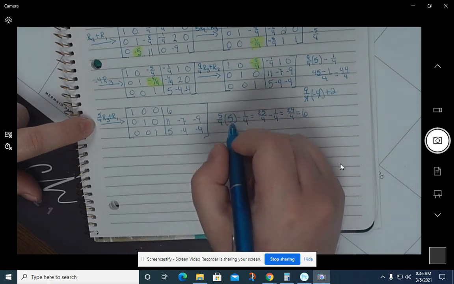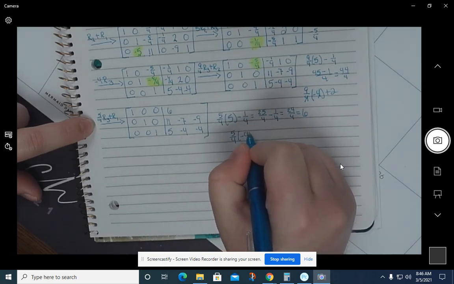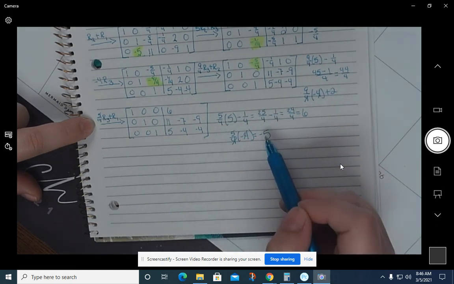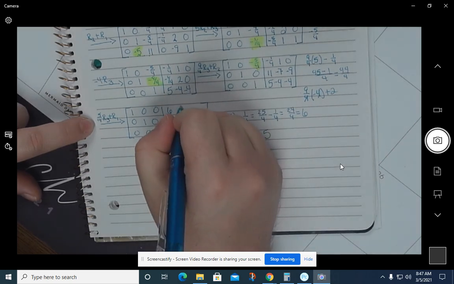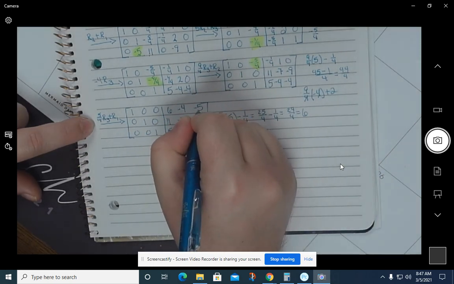Then we've got 5/4 times a -4, and that's going to be for the next two spots. Let's just go ahead and do that math. It's going to be -5. So I'm going to have -5 plus 1 is -4. And then -5 plus 0 is -5.